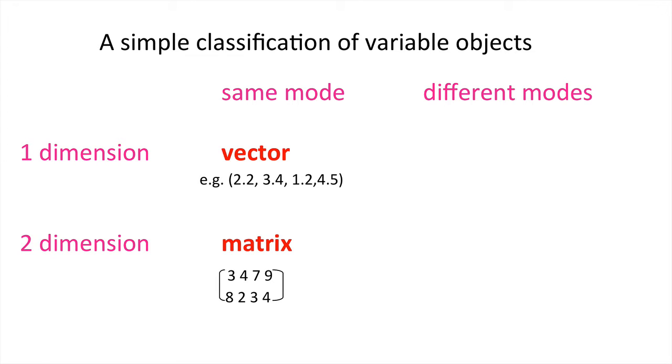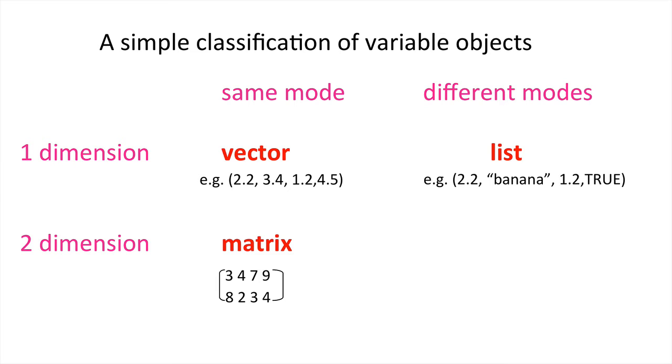The equivalent form when we have a two-dimensional collection of elements is called a matrix, and here in a matrix all of the elements have the same mode, typically numbers, but they can also be true, false, etc. When we've got a linear array of elements and those elements could potentially have different modes, then we have a list.